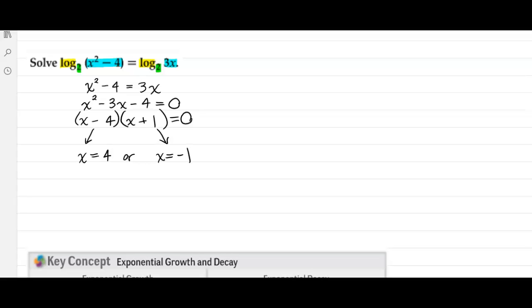Now remember, we need to check these. We need to put both of these solutions back through. So let's check x equals 4 to make sure we didn't pick up an extraneous solution along the way. The log base 2 of 4 squared, 16 minus 4 is 12.